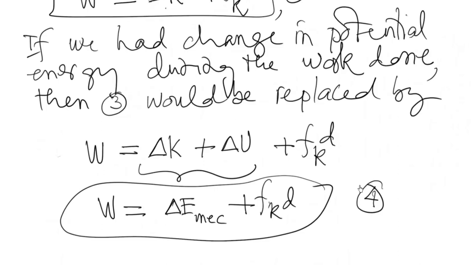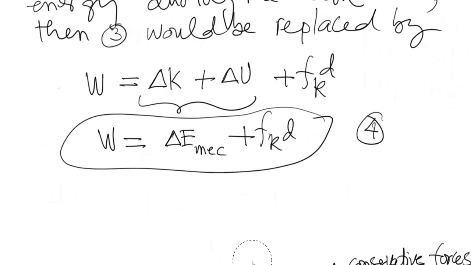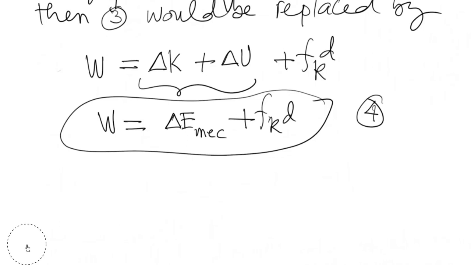Now this work done by this frictional force, Fk into d, would produce heat on the surface on which the particle slides, and also on the particle.